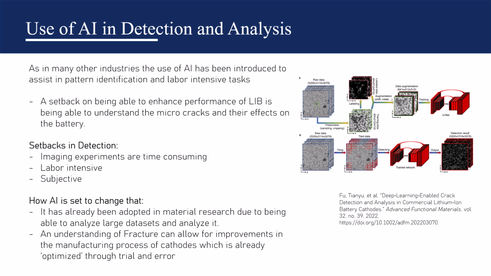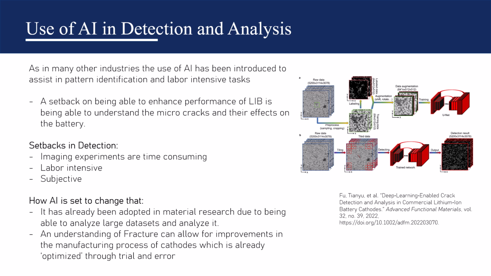So, what are the setbacks with detection currently? Currently, imaging experiments are time-consuming, labor-intensive, and because a person is doing them, subjective. So AI is set to change that by assisting, as it's already been used in material research for being able to analyze very large data sets and provide some results and pattern recognition.